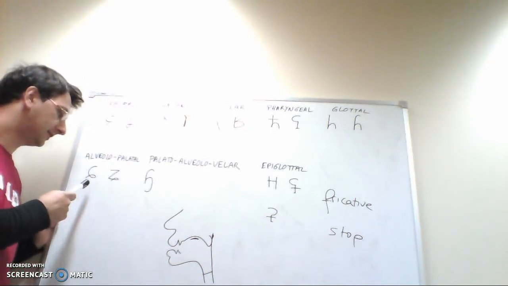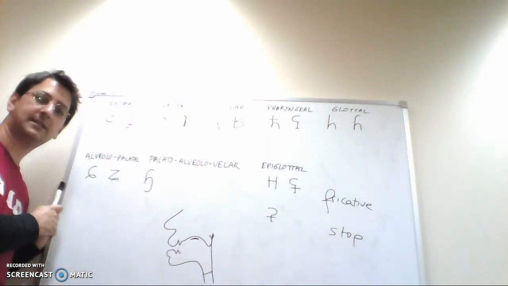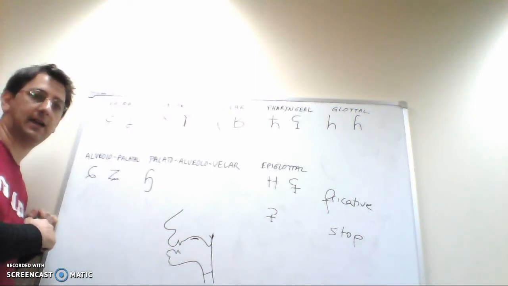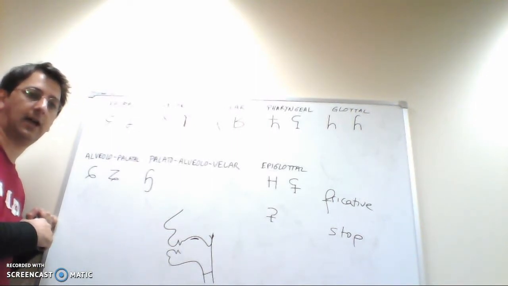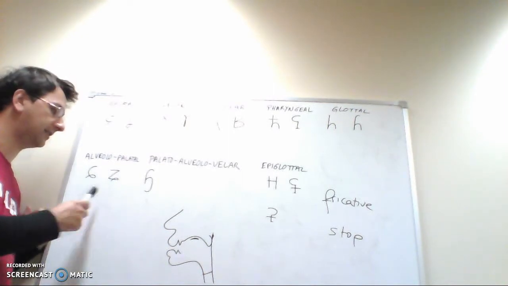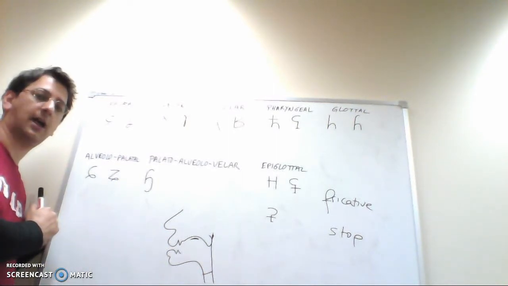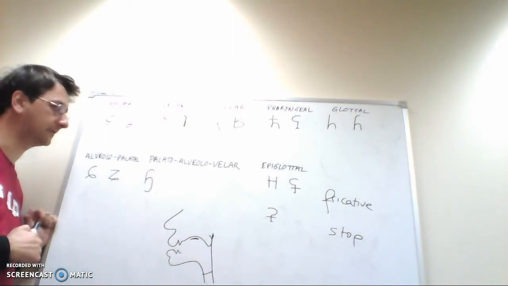So this curly tail C would be something like sha, asha, asha, ash. And then the voiced ja, aja, aja, aj. Okay?